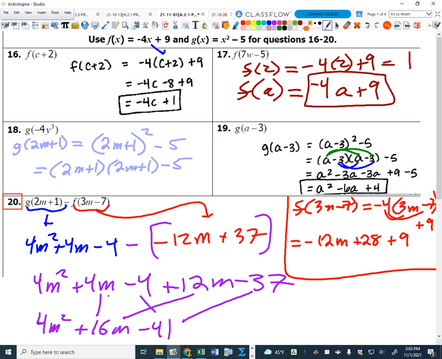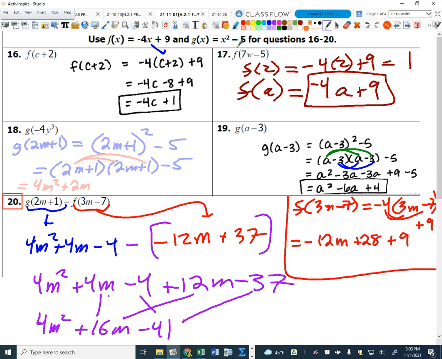That's all right. So then, you see what I'm saying? So then, if I did all that stuff, if I distributed the 2m, okay, what's that going to give me? 4m squared, right, plus 2m.